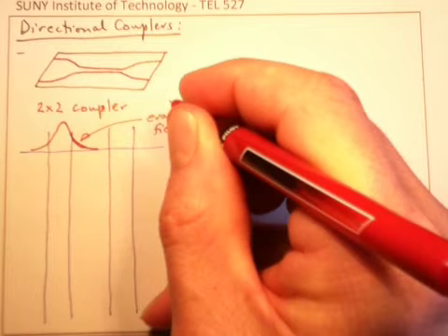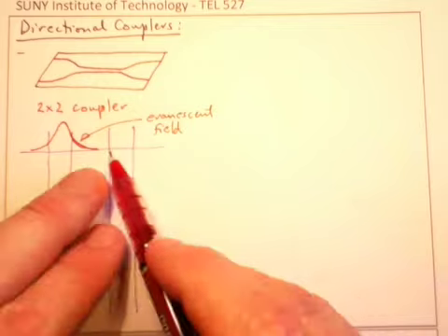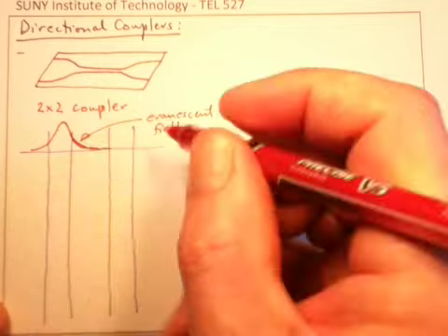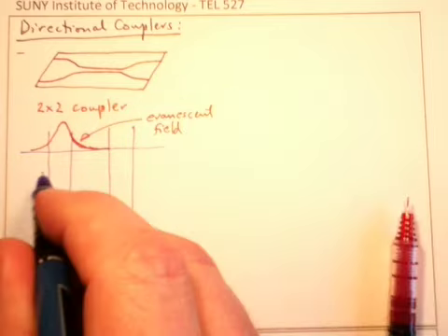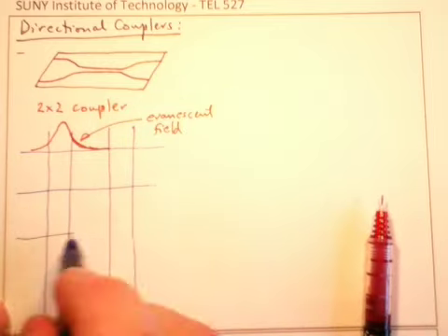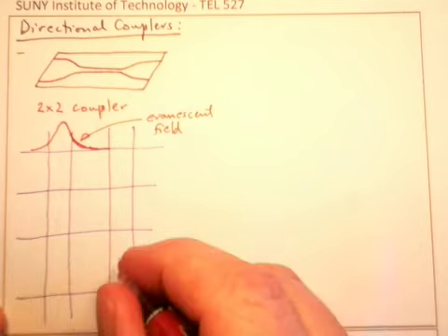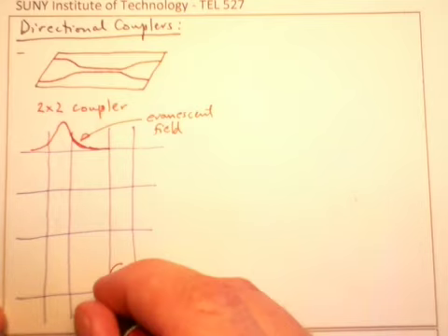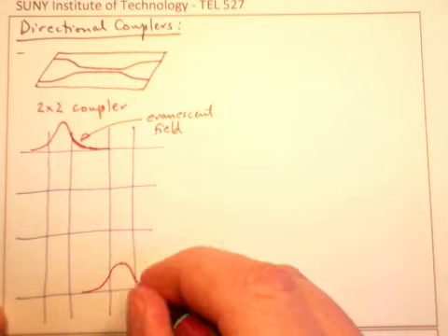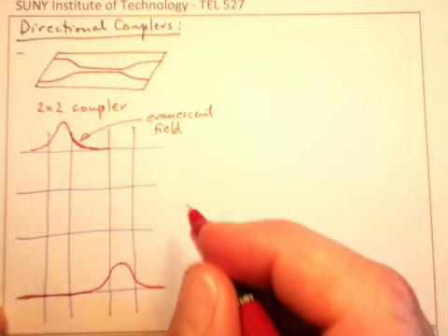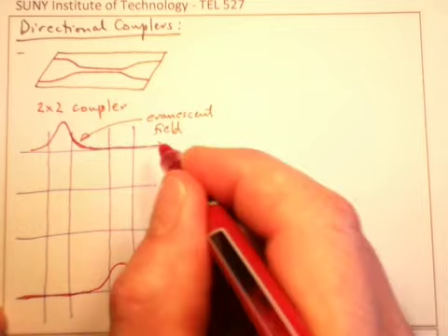Well, if the waveguides are close enough to one another, light starts leaking from one waveguide into the other. I'll draw a sequence of diagrams where at the end of the sequence the light is completely over in waveguide number 2, whereas it started off completely in waveguide number 1.